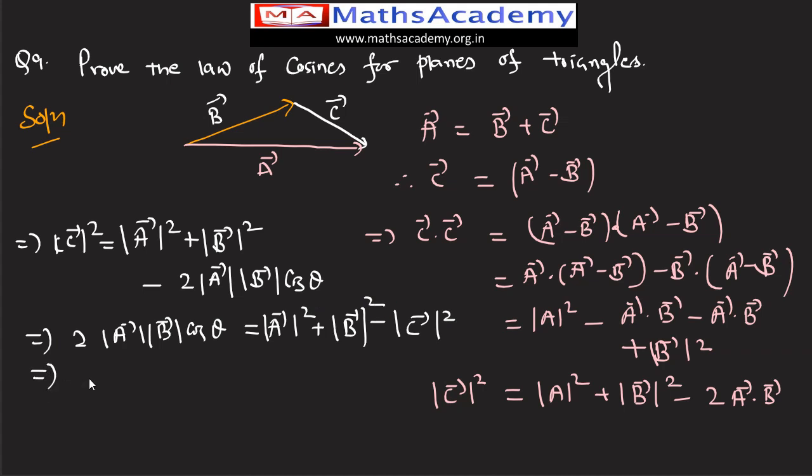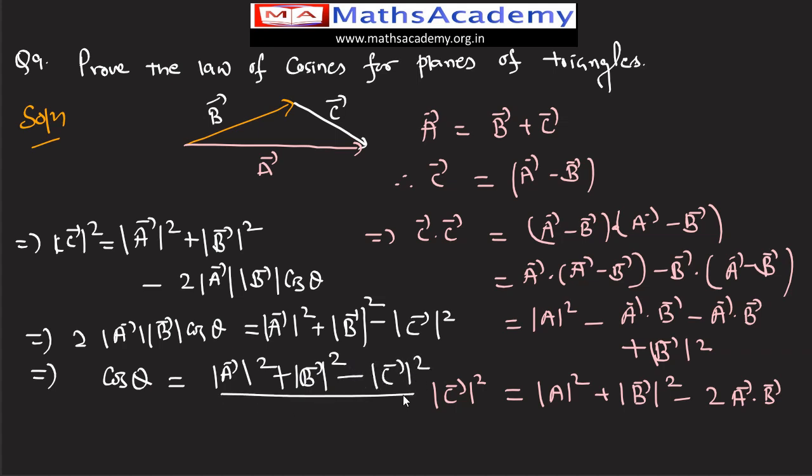So from here we can calculate cosine of angle theta as mod of A square plus mod of B square minus mod of C square, divided by 2 times mod of A into mod of B. So I hope all of you understand this concept, and these are beautiful questions.